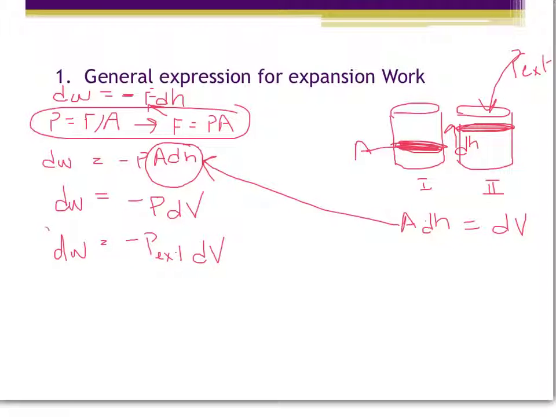Now if we wanted to integrate both sides, we would end up with W, work.